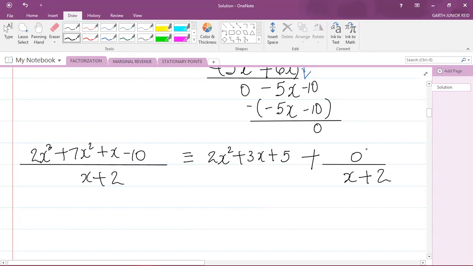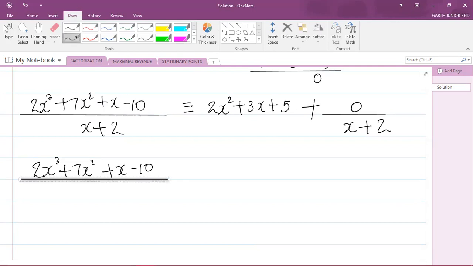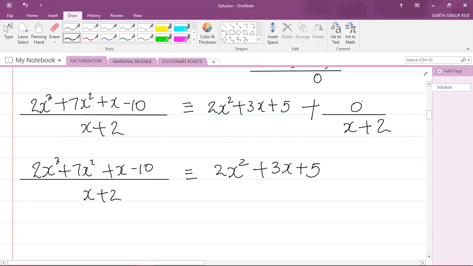Good. Now, of course, 0 divided by x plus 2 is just 0, right? So we can just write 2x cubed plus 7x squared plus x minus 10, all divided by x plus 2, is the same as 2x squared plus 3x plus 5, right? Because we know that 0 divided by x plus 2 is just going to give us 0. Great.